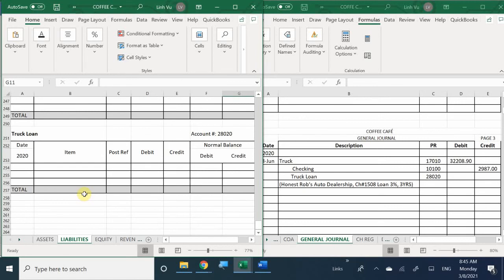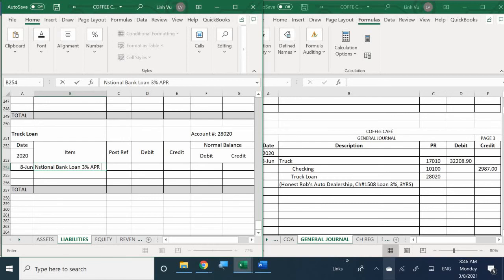Since this is a truck loan and you owe the bank, I'm going to enter in all that information under the truck loan. So 6.8. Here you should have National, 3% APR.